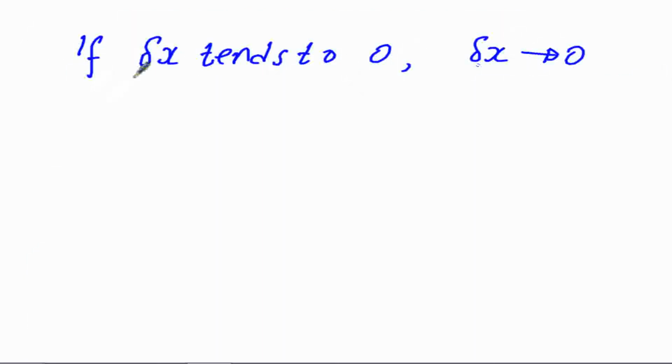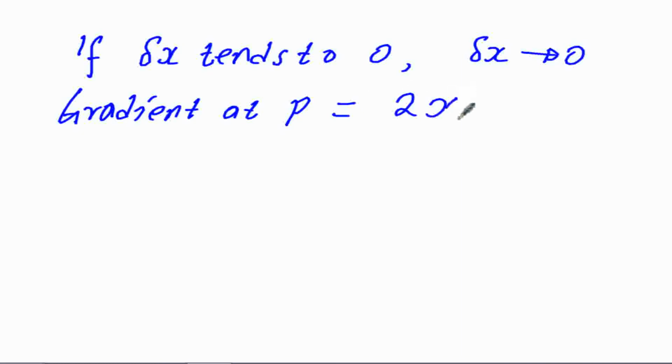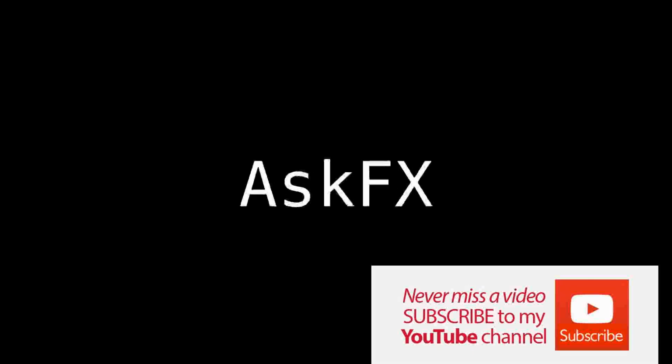So if this tends to 0, we shall be having the gradient at P being equal to 2x. So this is what we refer to as differentiating from first principles. Then in our next video, we shall learn how to differentiate using the formula. Thank you.